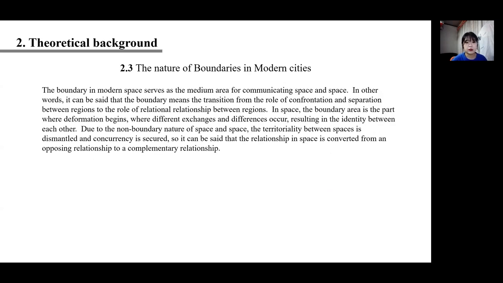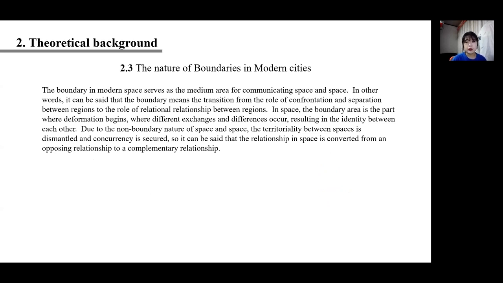The boundary in modern space serves as the medium area for communicating space and space. In other words, it can be said that the boundary means the transition from the rule of confrontation and separation between regions to the rule of relational relationship between regions.